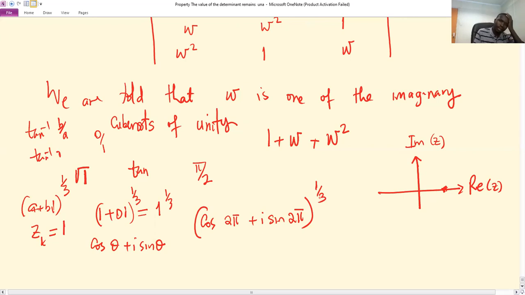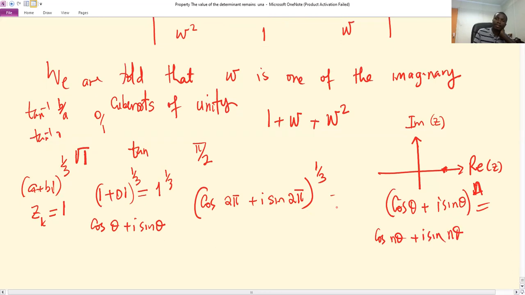So now, remember to express any complex number cos theta plus i sine theta raised power n, or nth root of this one here, or raised power n is the same as cos of n theta plus i sine n theta.